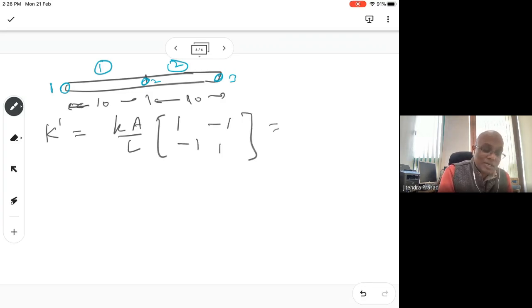And this will also equal K2. For the second element you also get the same thing, because there is no difference between the two.